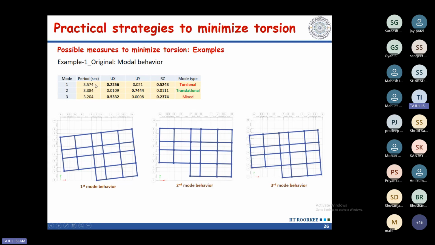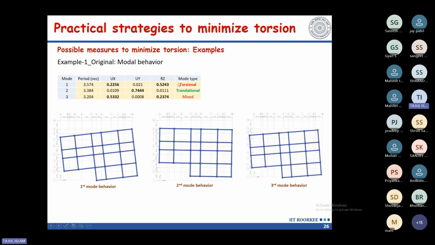Although the time period is not important for discussion, so leave it. Sorry, this is important to understand which time period is higher. So let us discuss this also. This is the time period, and this is the mass participation factor in the x direction, this is in y direction, and this is in z direction.